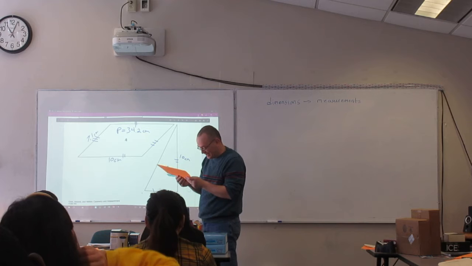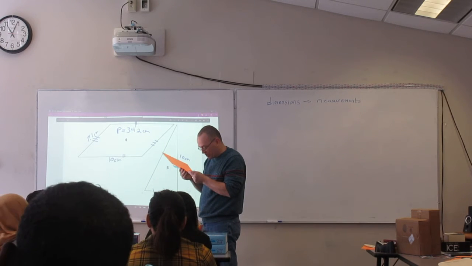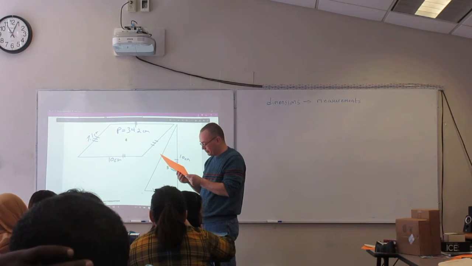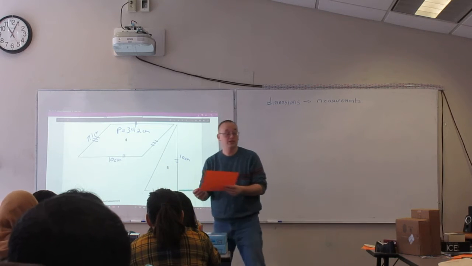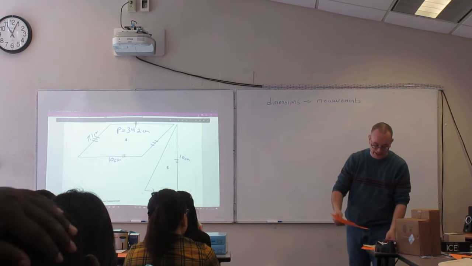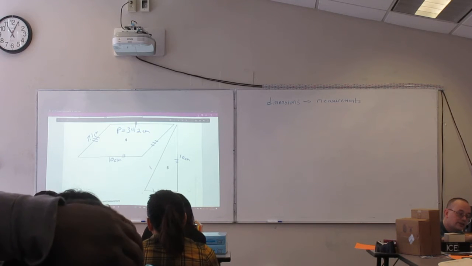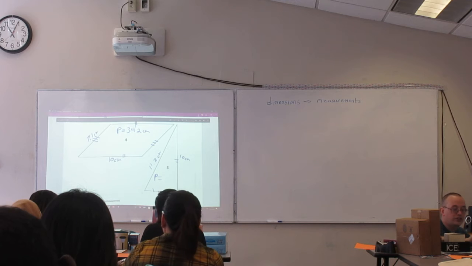Let me try this again. 11.2. I see 2. I think it's technically 11.18 if you actually do the math, but these rulers don't do it like that. So we'll go with 11.2 because that's a good estimate. 11.2 centimeters. And that gives us a perimeter of how much?